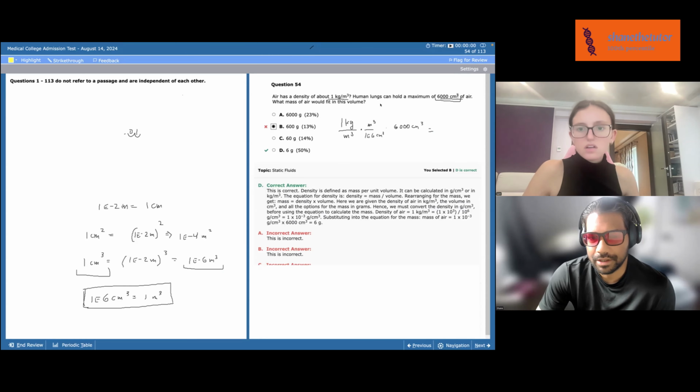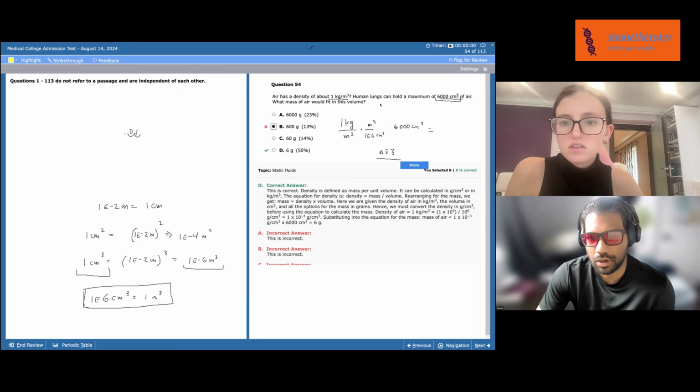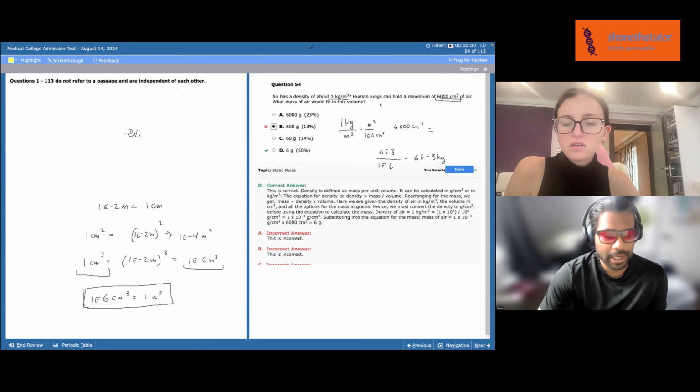So this would be 6e3 over 1e6, which is 6e-3, and that's in kilograms.